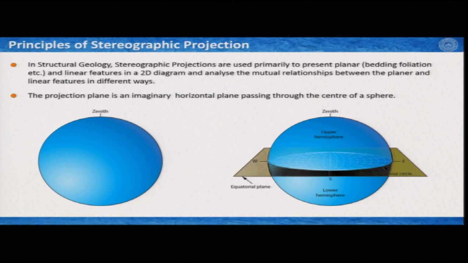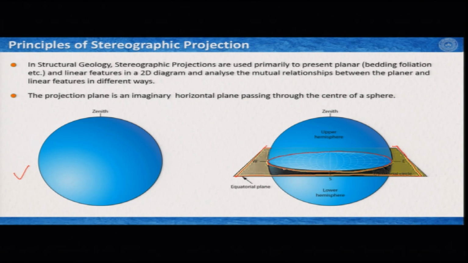A stereographic projection, as we have seen, is generally a circular area, but what is this circle? Now, this circle is achieved by inserting a horizontal plane inside a sphere. As you can see here, on the left side you have a sphere, and if I insert this green horizontal plane through the equator of this sphere, then it creates a circle in the middle, and this is your Stereonet or projection plane.